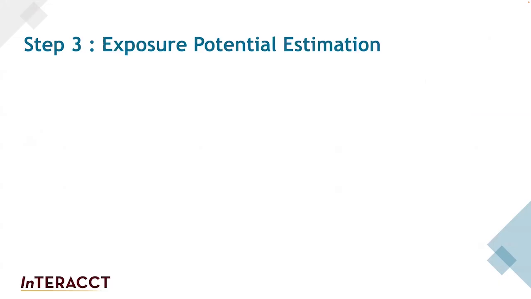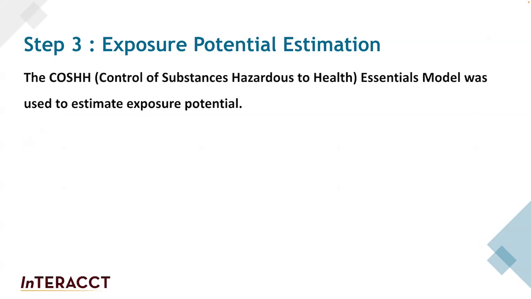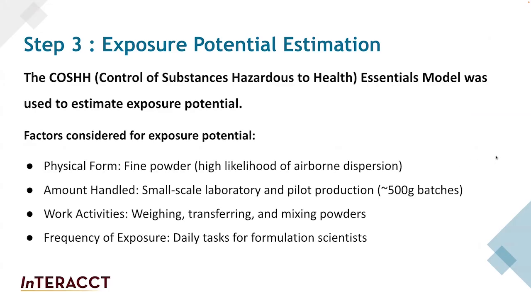In Step 3, we estimate the exposure potential using the COSHH Essentials model, which stands for Control of Substances Hazardous to Health. Several factors are considered. First, the physical form of the substance is a fine powder, which has a high likelihood of becoming airborne.